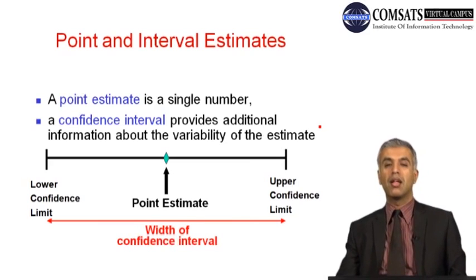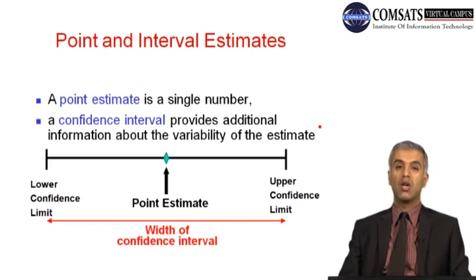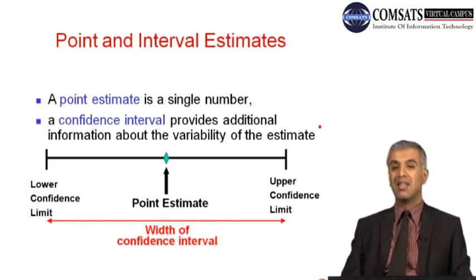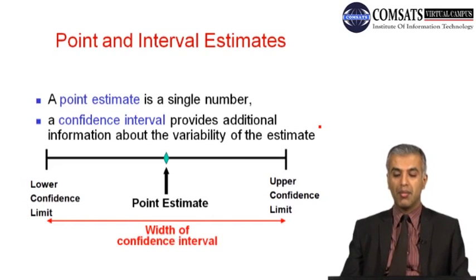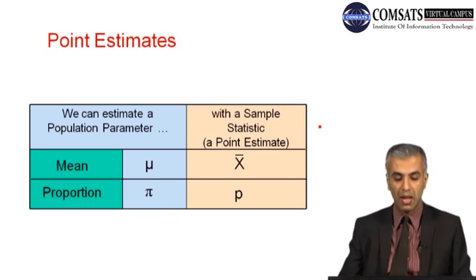Basically, in confidence interval estimation, a point estimate is a single number. The confidence interval gives us additional information about how variable that estimate would be and how it can move around, with its lower confidence limit and its upper confidence limit. In order to calculate, we have the same parameters which we have discussed.